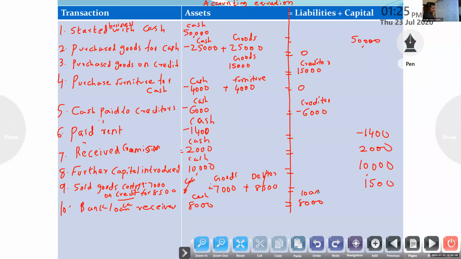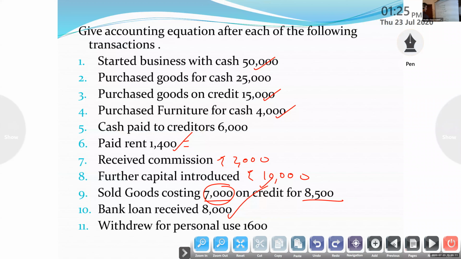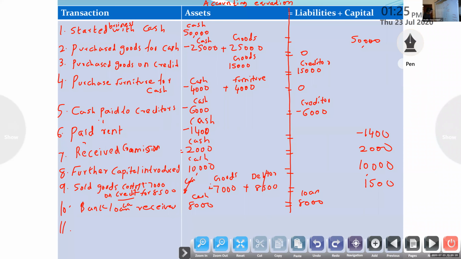Next, one more transaction is there. Withdrew for personal use. These are drawings.